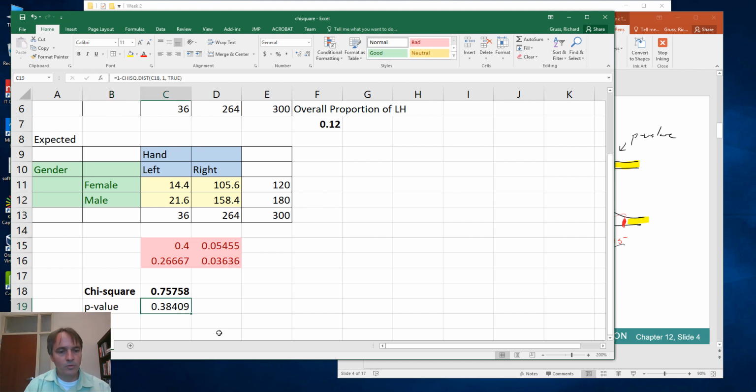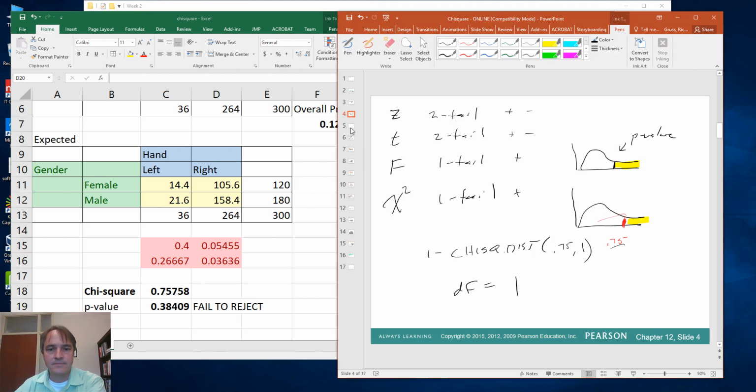Okay, so what do we draw from this? This means that there's a 38% chance of observing this when the proportions are equal. Okay, which means that our conclusion is fail to reject. Now let's go back to figure out what it is we're failing to reject. So we go back to our actual hypothesis test.